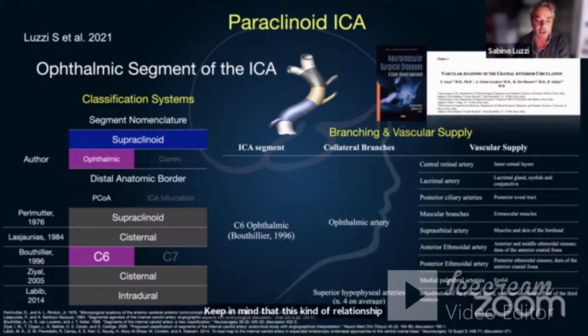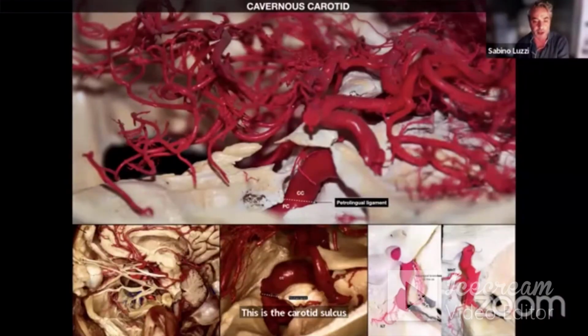This is the carotid sulcus, and these are some specimens where I show you the posterior genu of the internal carotid artery at the level of the foramen lacerum, and the posterior genu at the level of the lateral part of the sphenoid body. Another important structure is the Vidian canal.